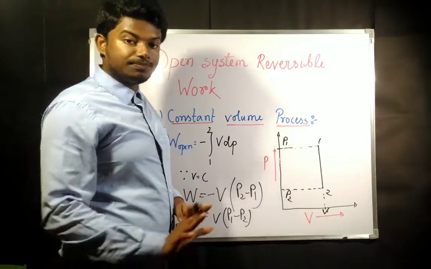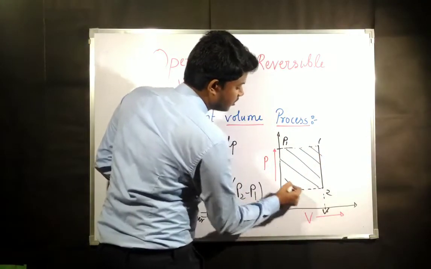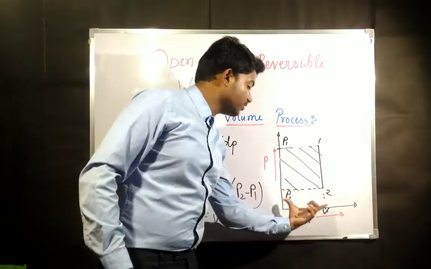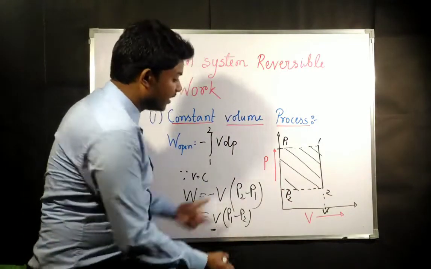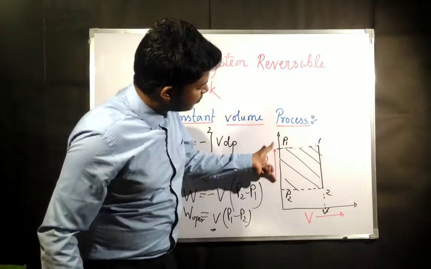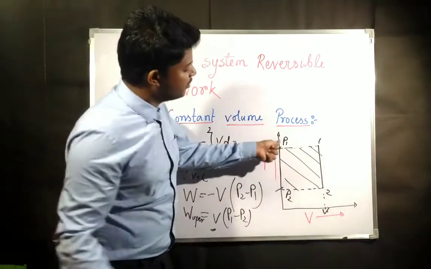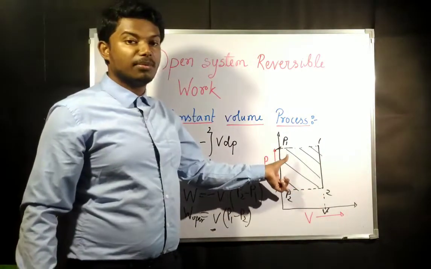So what will be the area? The area is length into breadth. The length is the volume V, and the breadth is p1 minus p2, from here to here. So length is V and breadth is p1 minus p2.